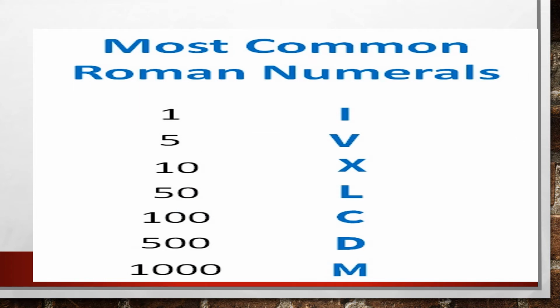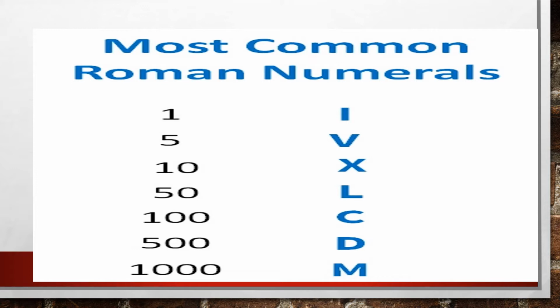See children, there is no symbol or digit for zero in the Roman numeral system. This system has no place value system, and the digit of lower value is placed after or before the digit of higher value, and the value of the digit of lower value is added or subtracted from the value of the digit of higher value.